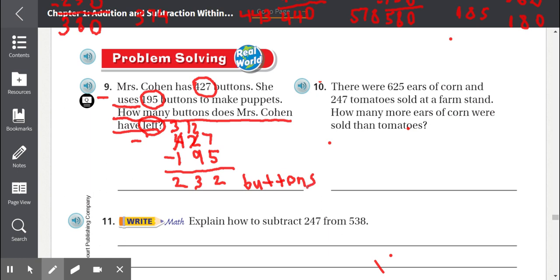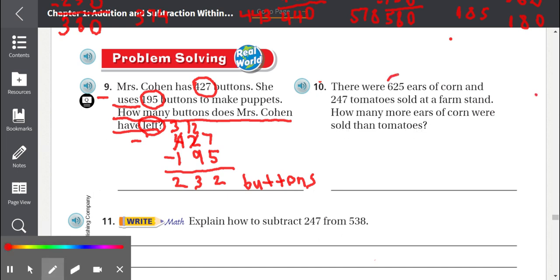Number 10. There were 625 ears of corn and 247 tomatoes sold at a farm stand. How many more ears of corn were sold than tomatoes? So let's circle to find our keywords and important numbers.